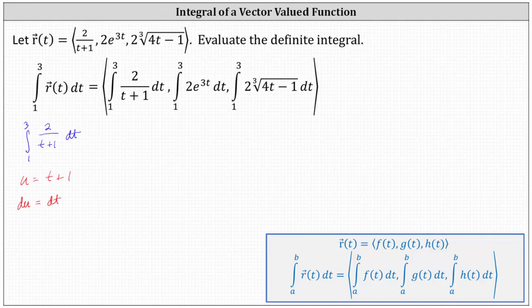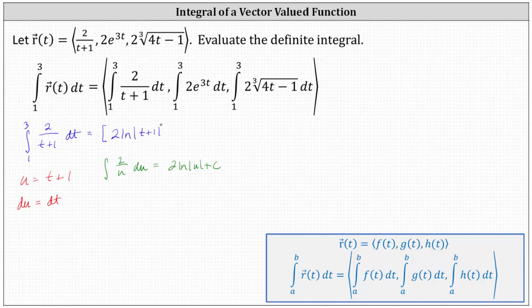In terms of u, we would have the integral of 2 divided by u du, which we should recognize is equal to 2 natural log absolute value of u plus c, which means for the definite integral with respect to t, big F of t is equal to 2 natural log absolute value of t plus 1 rather than u.